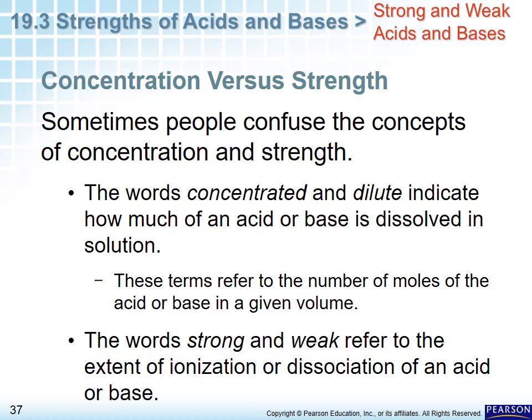Definitely 5 moles of ethanoic acid is called concentrated and 1 mole is called dilute. It's not about strong and weak. HCl is a strong acid because it is completely ionized, and ethanoic acid is a weak acid because it incompletely dissociates or ionizes. That's it.